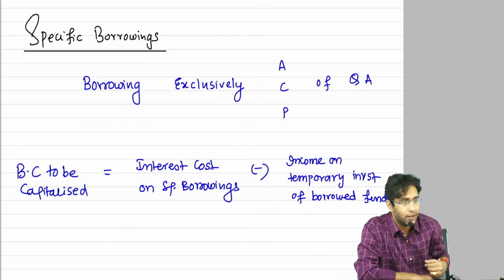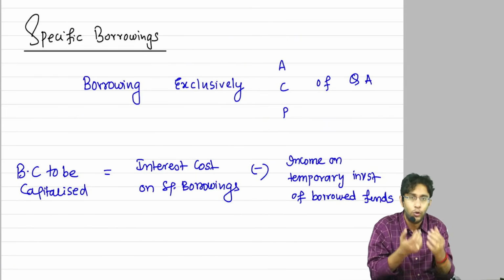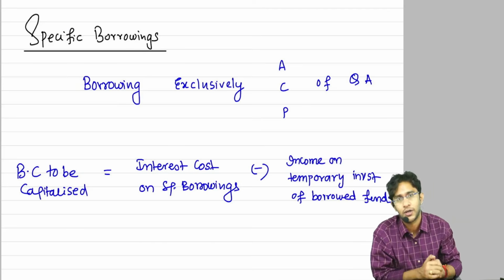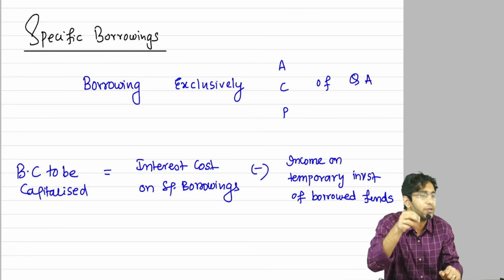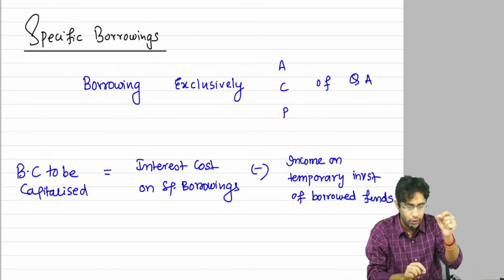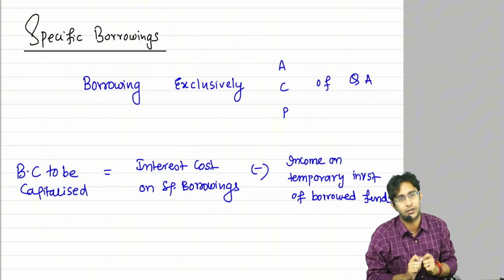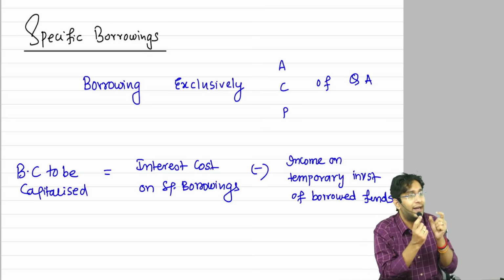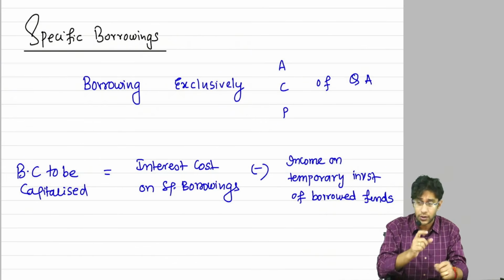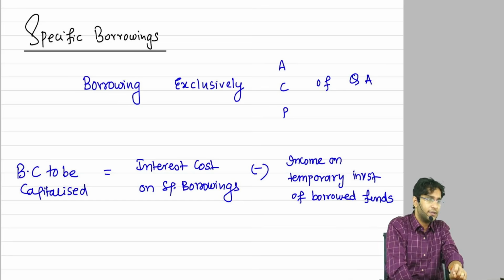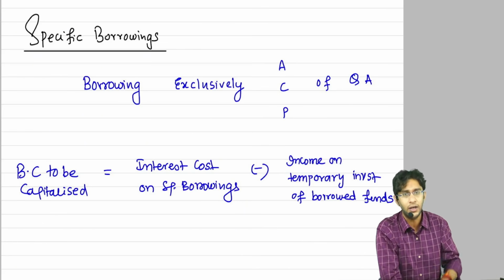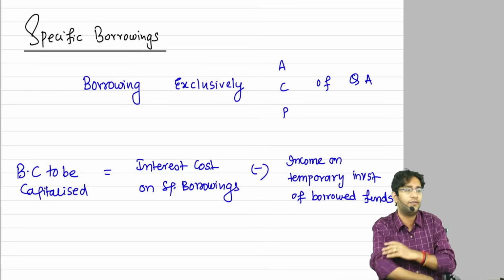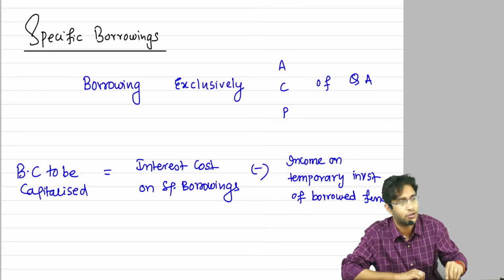Meanwhile, you are not a fool to hold idle cash. You will deposit it somewhere, invest somewhere. That investment can give you some income. That income you have to reduce from the interest cost on the original borrowing, and net interest cost only you have to capitalize, not the gross amount. Remember this.